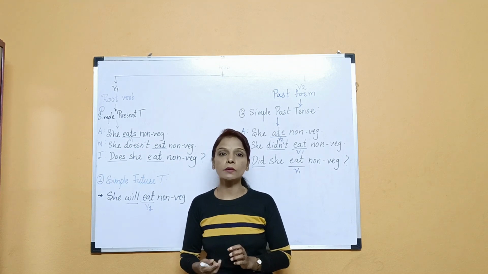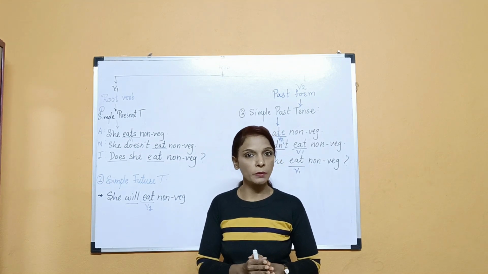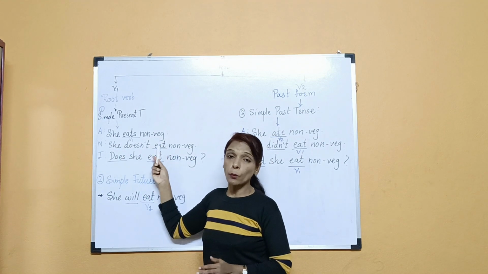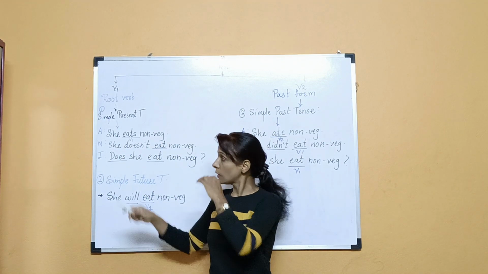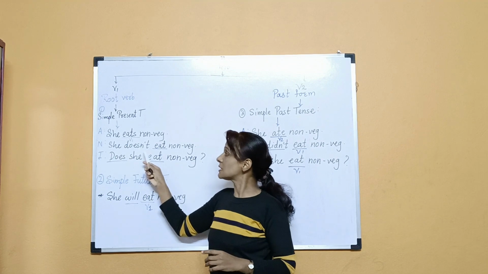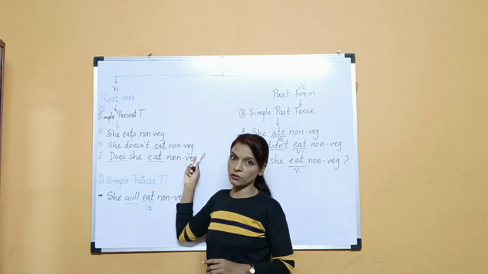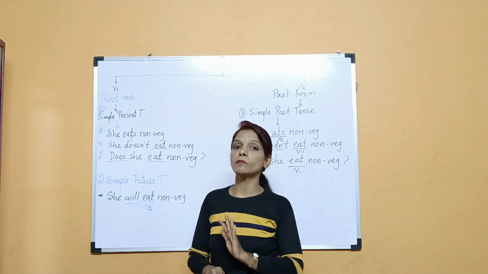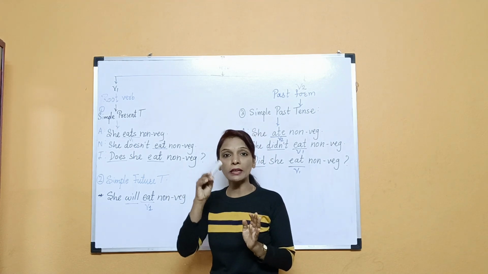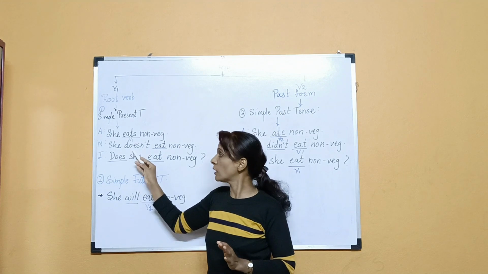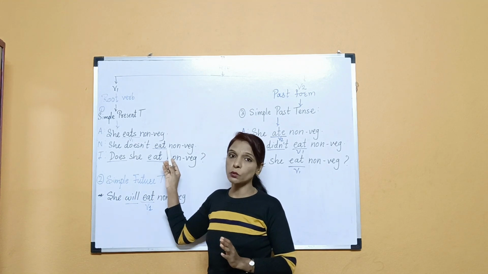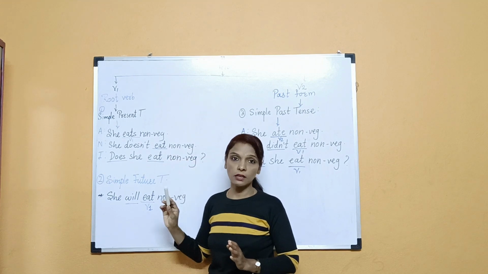I will give you that information when we learn the simple present tense. Now, she eats non-veg. When it becomes negative, it turns into she doesn't eat non-veg. When you are using doesn't, then we no longer need to write s or es.